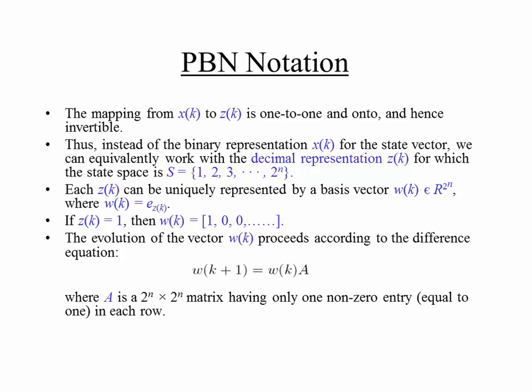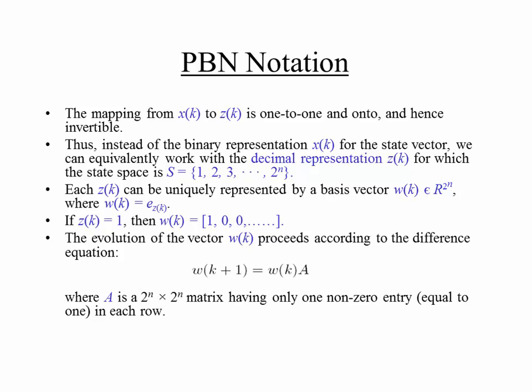So the elements of this matrix A will be chosen to make sure that you go to the correct vector. So this A is going to be a 2 to the power of n by 2 to the power of n matrix, because the state vector is 2 to the power of n dimensional. And it is also going to have only one non-zero entry equal to 1 in each row.